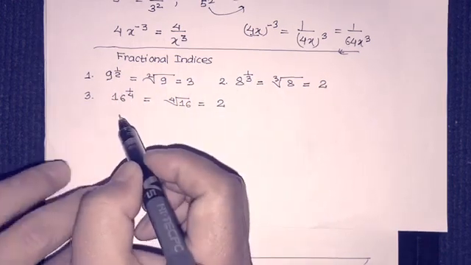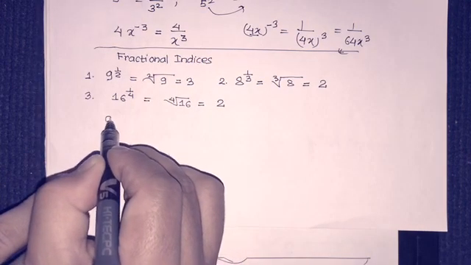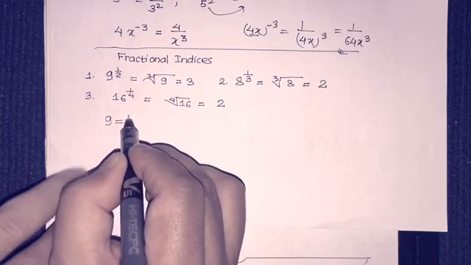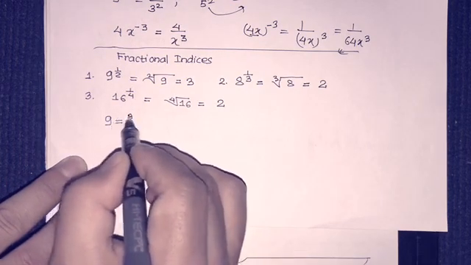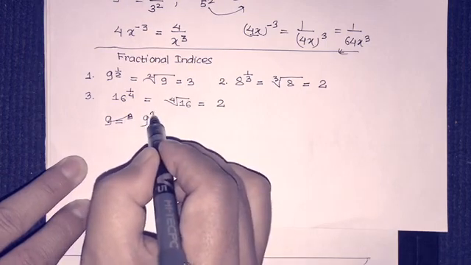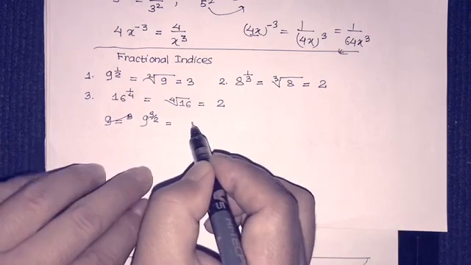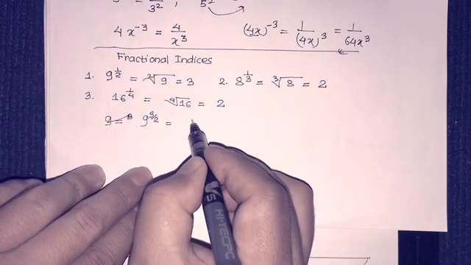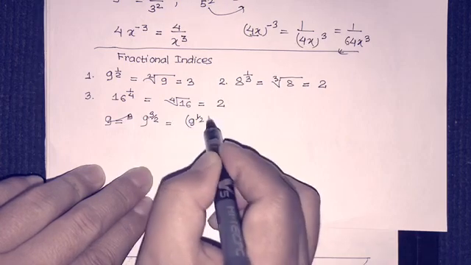Okay, in case of having a numerator other than 1, what do you do? Look at here, 9 to the power 3 divided by 2. We can say 9 to the 1 by 2 and this 3.